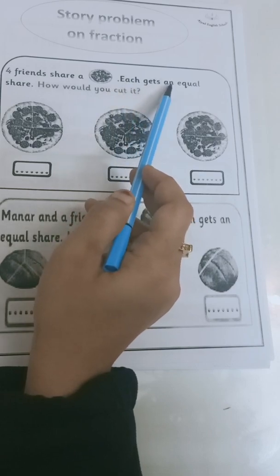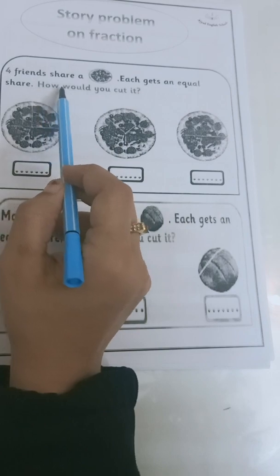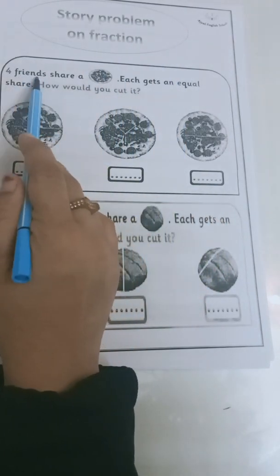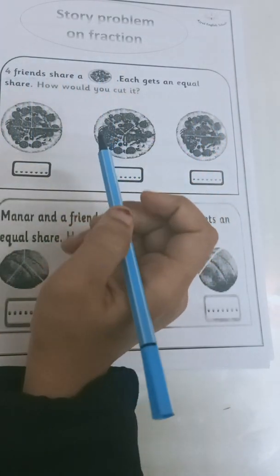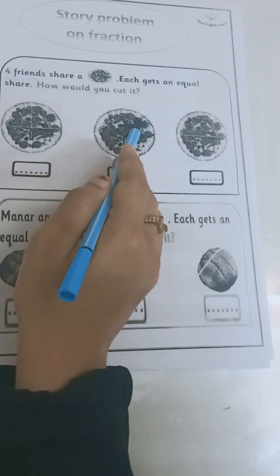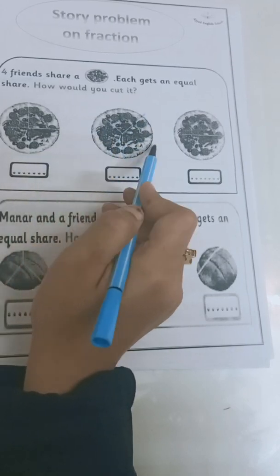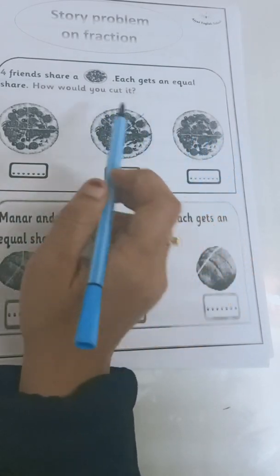Each gets an equal share. How would you cut it? Miss, we have 4 friends, so I will cut 4 parts. This is 4 parts? No, this is 3 parts. The first part and the second and the third. And this is 1, 2 parts.